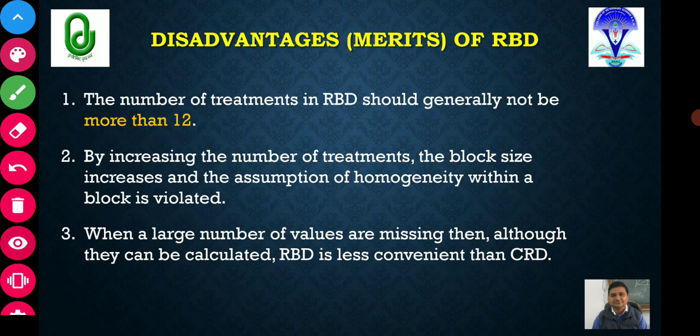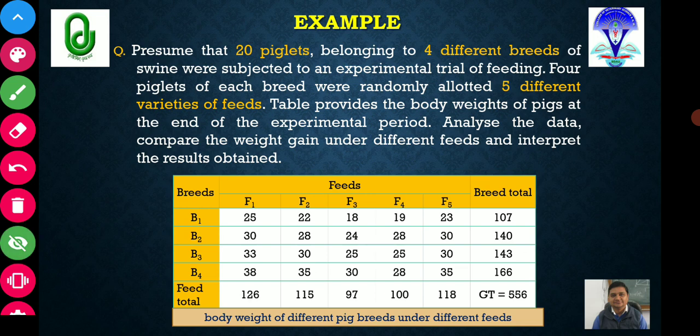Now we will see one example. The same example that we have already discussed: assume there are 20 piglets belonging to 4 different breeds. Now you have to test 5 different varieties of feeds. So you are having 5 varieties of feeds and 4 different breeds of pigs.